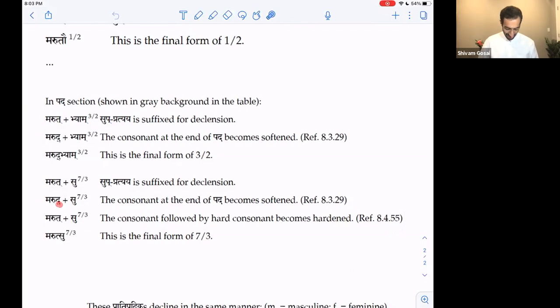This da becomes hard consonant and goes back to takara. So marut-su, and then final form. So that was a good catch. Why is 7-3 marut-su? Because technically what we've learned, it shouldn't be that way.